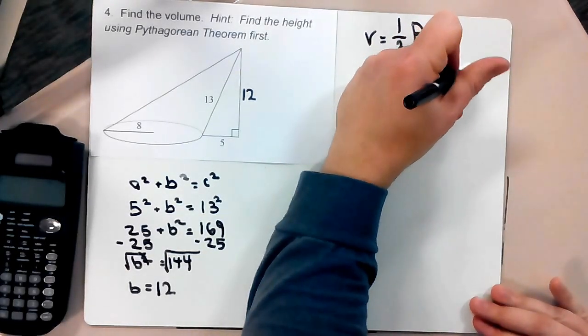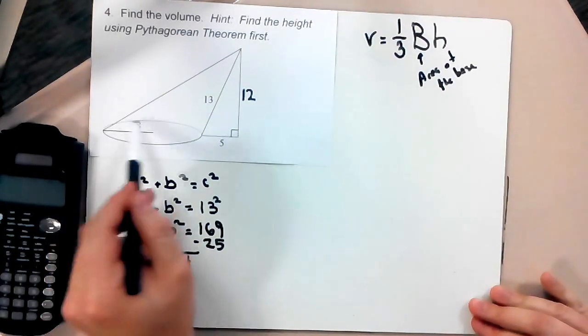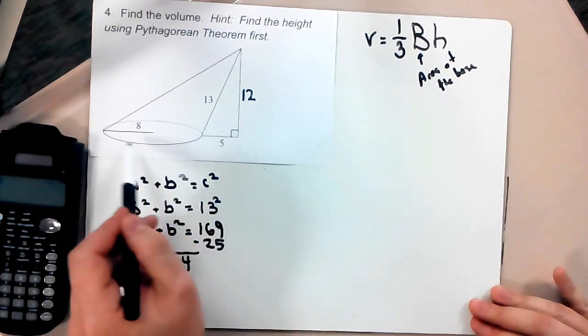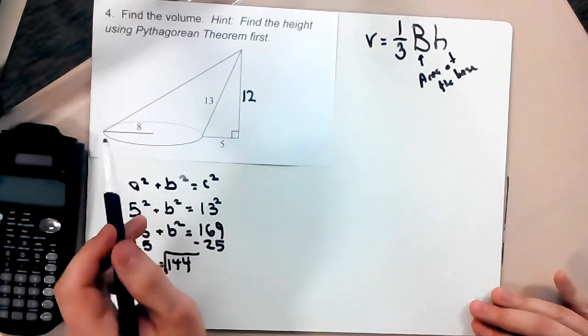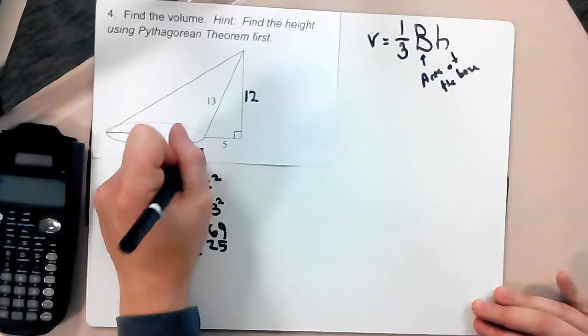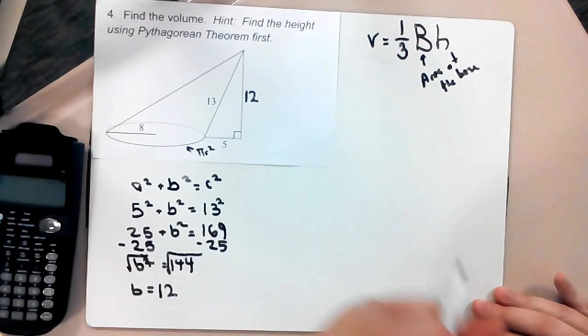The shape of the base is a circle. So to find the area of the base, I have to use pi r squared.